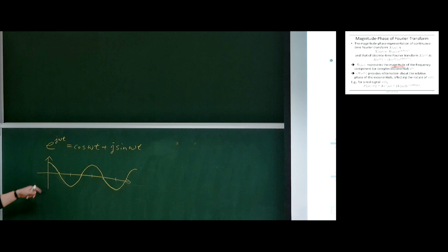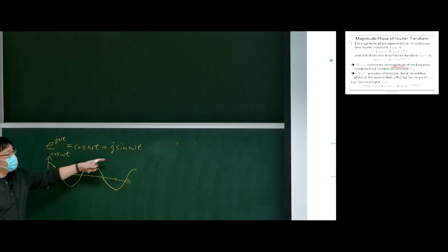Suppose that this is cosine omega t, and certainly you can plot something for sine.